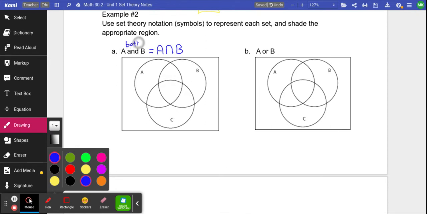So you are in A and you're in B. You're in both. If I wanted to shade that region, this is the section that would be in A and in B. Notice that part of it's actually in C. That's fine because the question doesn't talk about C. That is the overlap between A and B.